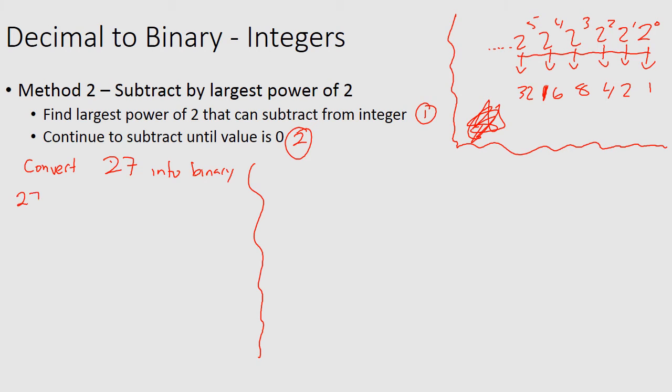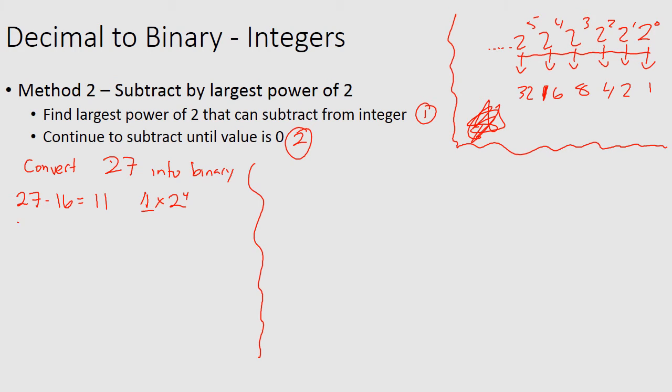So we realize that 27, the largest power that we can subtract is 16, and then what we get is 11. And so what we know is that there is going to be 1 times 2 to the 4th power, because 2 to the 4th power is 16.